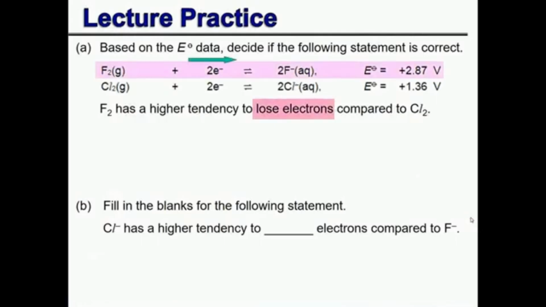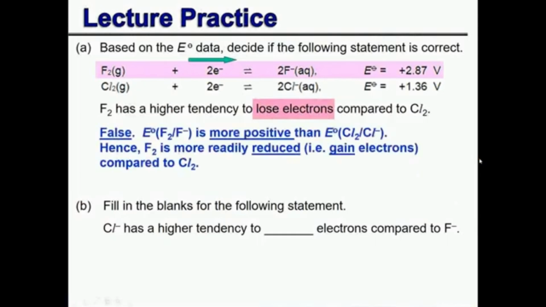Looking at the two E0 values, the E0 value for fluorine is more positive than the E0 value for chlorine. In other words, fluorine will have a higher tendency to undergo reduction rather than oxidation. Hence, the statement is incorrect.